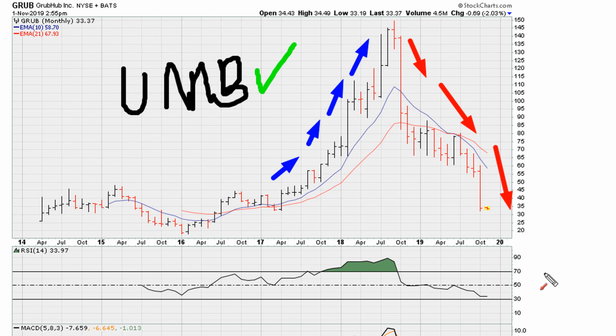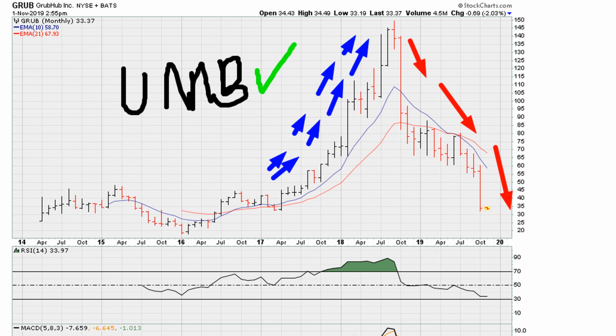So by playing breakouts, and especially quality breakouts, you can be part of an advance while staying away from periods where a stock is struggling to stay to the upside with momentum.